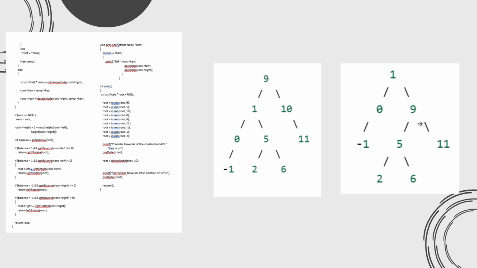While ang node 5 still has children which are 2 and 6. So, these final structures confirm nga even after deleting a node, ang AVL tree remains balanced. Ug ang binary search tree property kay gi-preserve gihapon.